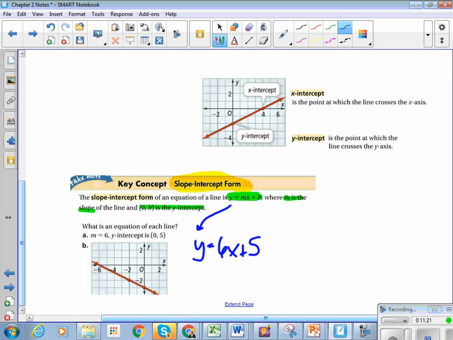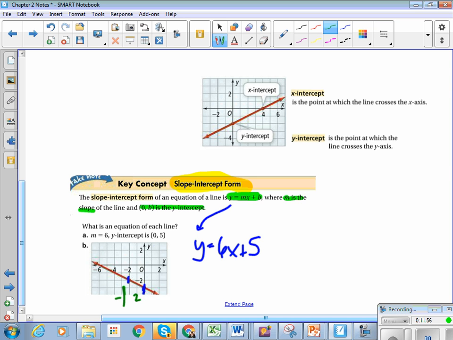In B, they give me 2 points on the line. This point here and this point here. And from those 2 points, I can tell that my rise is actually -1, and my run is 2.